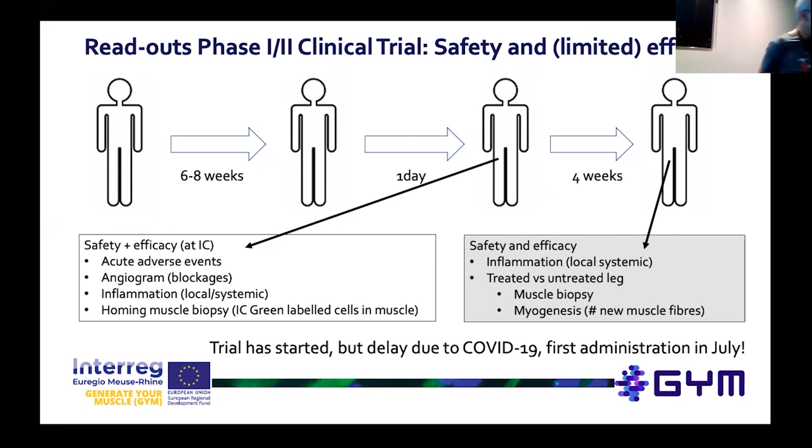Questions? Can this be done with other disease corrective modalities? So, for other diseases? In principle, it can. The whole idea is that you bring in healthy stem cells which could recover muscle.